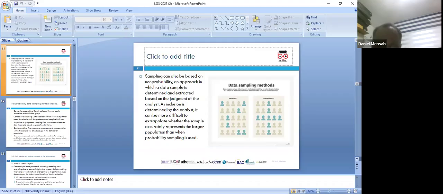So in sampling, we look into the best fit or best practice. Is it a sample where you want to look at the entire population, or just a probability of the population? What we call random sampling.